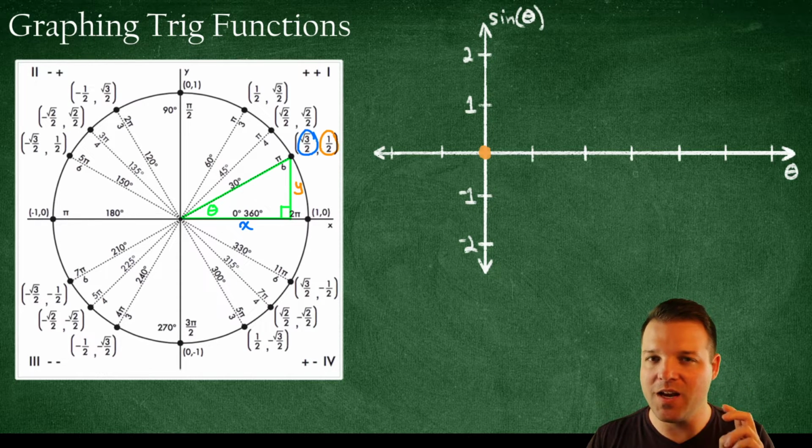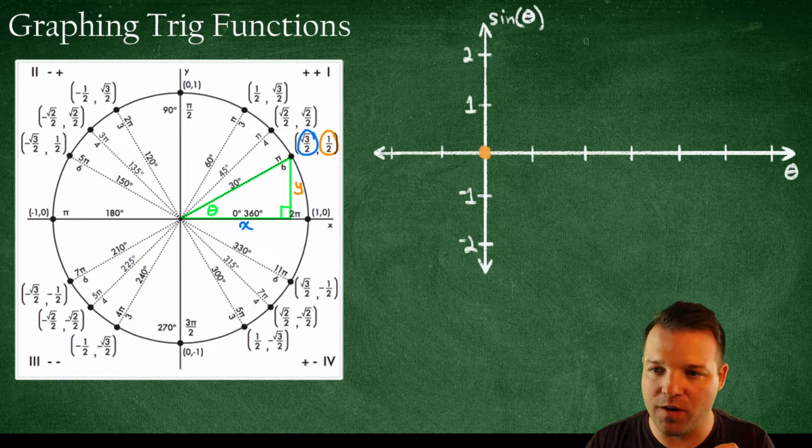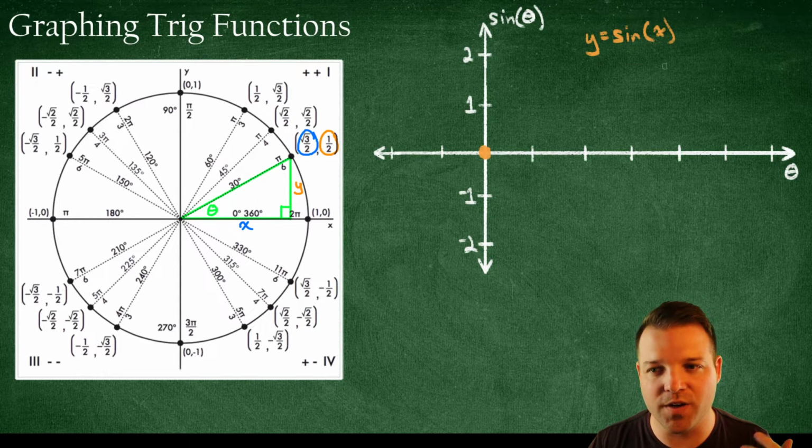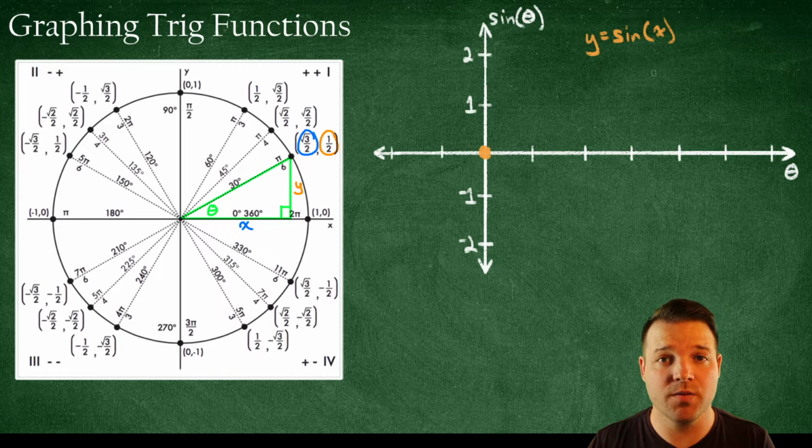So I know that the graph of y is equal to the sine of x, I should really say theta here, but just to show you different variables, the period for this is going to be 2 pi. I just showed you that it's going to be 2 pi.